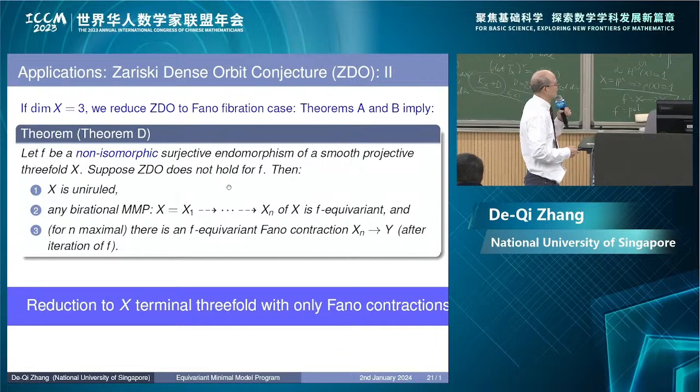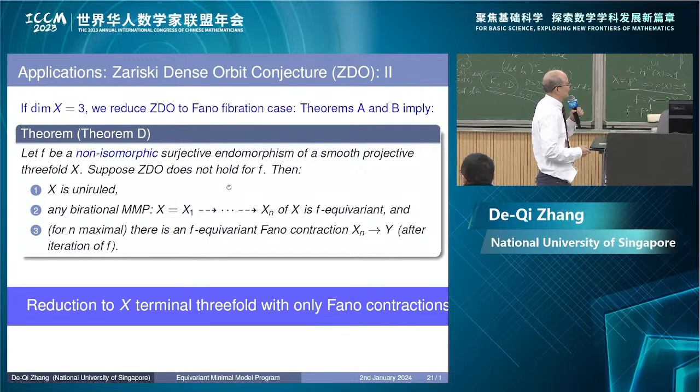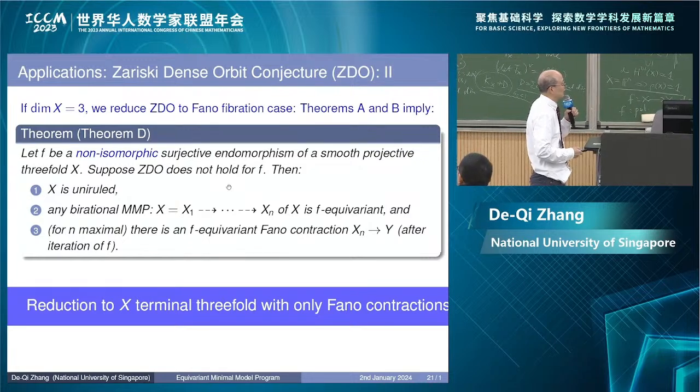So you can run MMP, keeping the same endomorphism action. And eventually, the dimension cannot be preserved forever. You can have a final contraction, and this is equivariant. You have action F on this variety and also on Y, and this final contraction. So Y has lower dimension. So basically, we reduce this to the Fano contraction case.